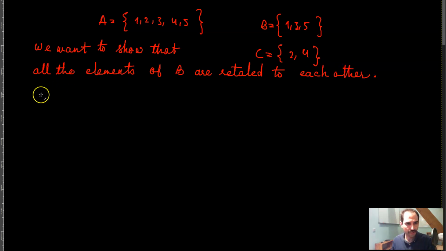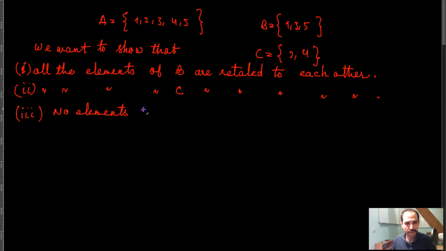Moreover, number 2, all the elements of C are related to each other, and number 3, no element of B is related to C, and vice versa.